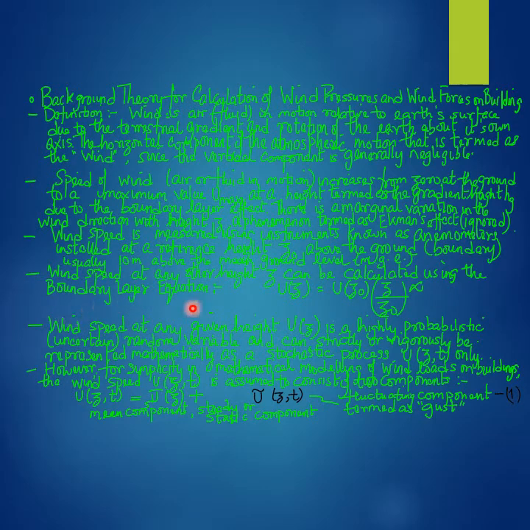In the context of wind flow, the boundary is the ground, and therefore the parameter termed as the surface roughness coefficient, denoted as alpha, will be dictated by the terrain conditions of the ground.